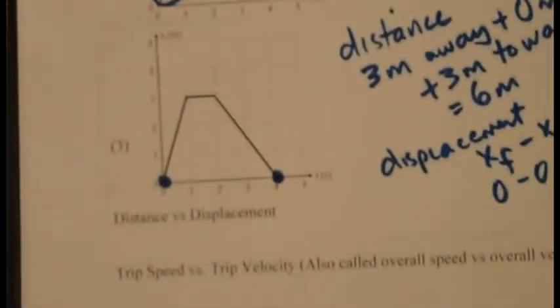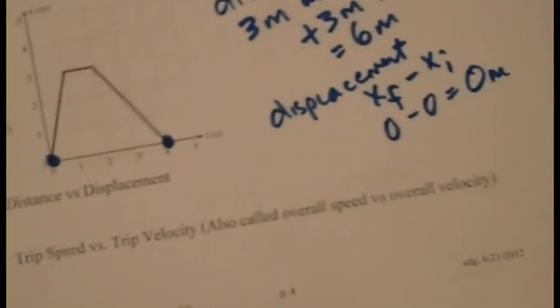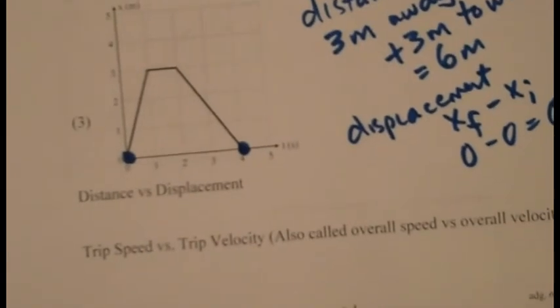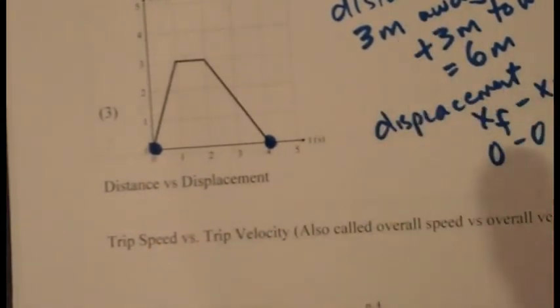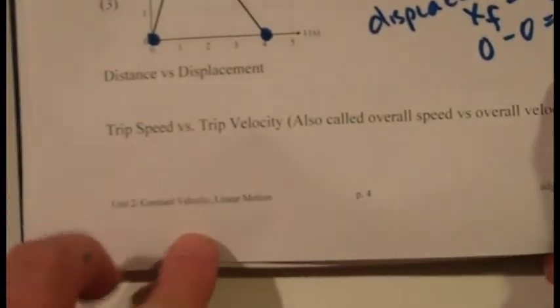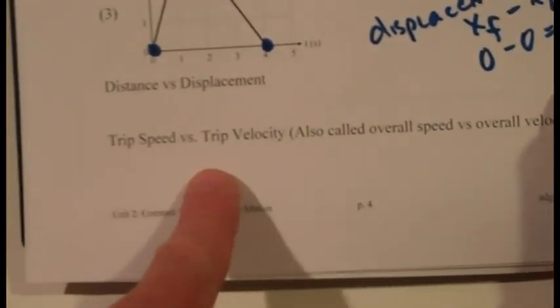Now, we just have a couple more terms, and we'll be done with this page. We have trip speed versus trip velocity.